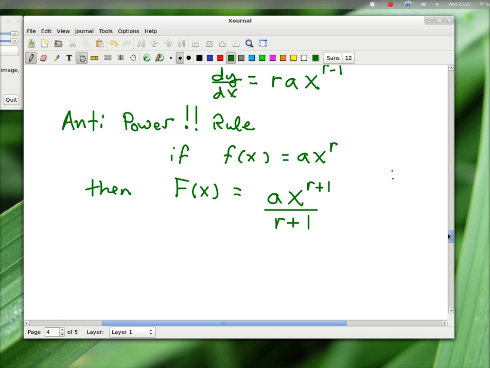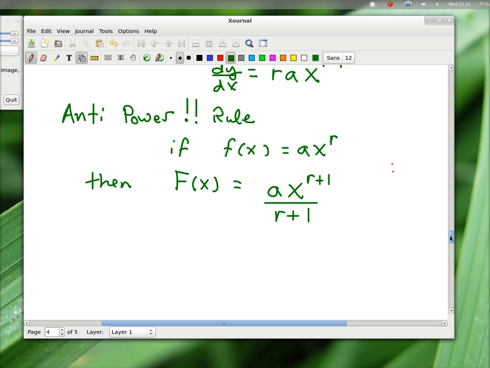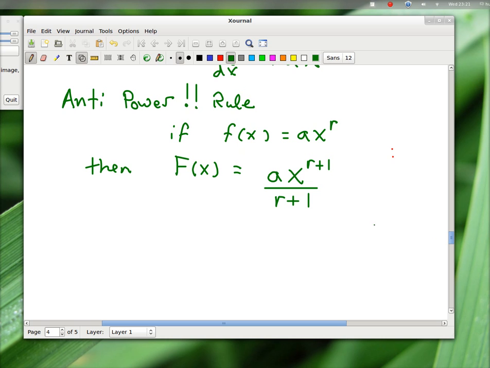And there's another little subtlety here, which is that if r is minus 1, then you've got something silly happening. You're saying that the antiderivative is something divided by 0, because minus 1 plus 1 is 0.